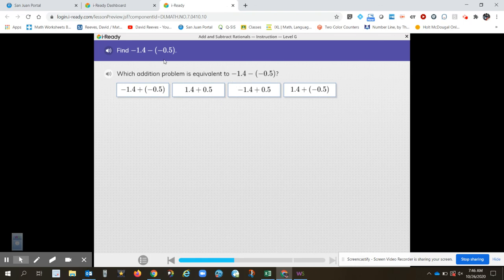Subtracting a negative is the same as adding a positive. So we've got -1.4, but subtracting that negative is the same as adding a positive. All right, so the first one stays the same, but instead of subtracting that, we add the positive.